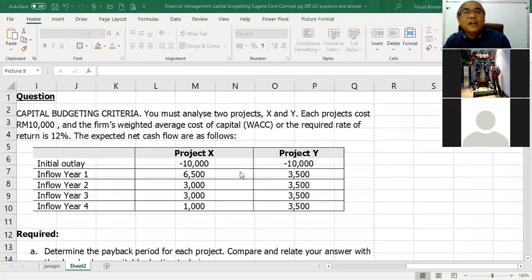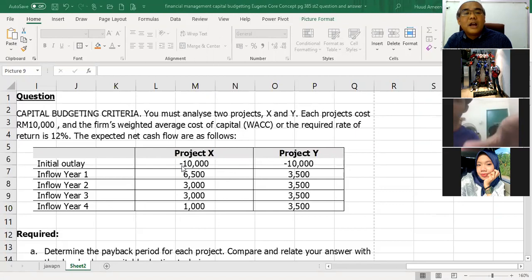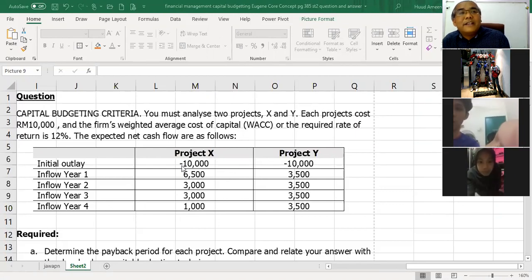You already invest such a big amount, 10,000, and then you are projecting for year one you can get 6,500. Year one for project Y is 3,500. Why do you use negative for the investment and positive for the rest? Negative is outflow, meaning you invest some money and your money comes out, so you use your own money.